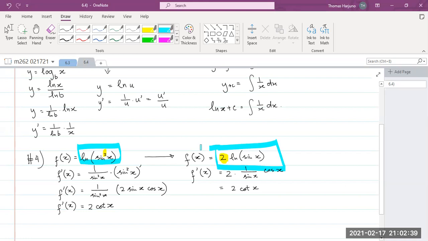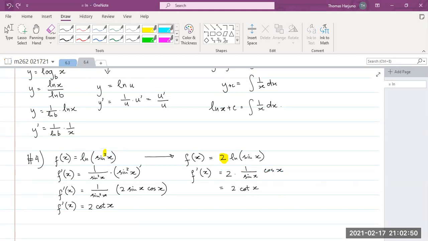Why are they not the same? Notice that the argument here is almost always positive. It's sine squared, right? So only when sine x equals 0 will it be undefined inside the natural log. However, sine x here has a lot of intervals where it's not defined. For example, quadrant 3. Quadrant 3 will not be in the domain of this function, while quadrant 3 is still in the domain of this function. So these two functions are not exactly equal.